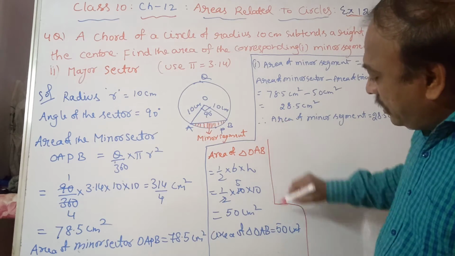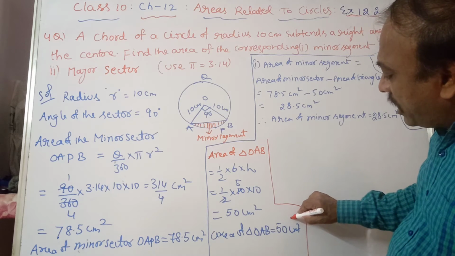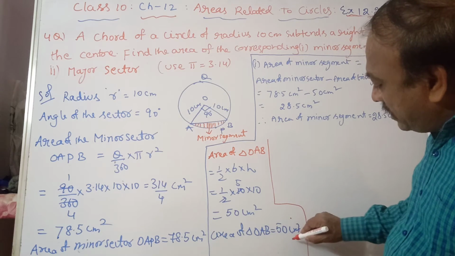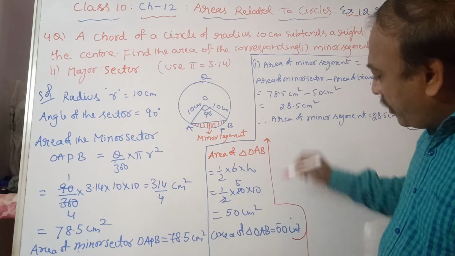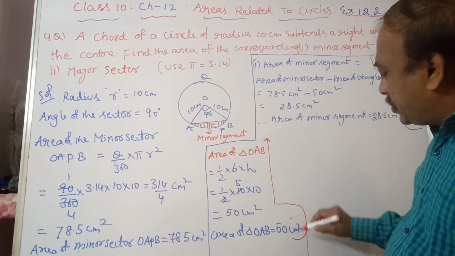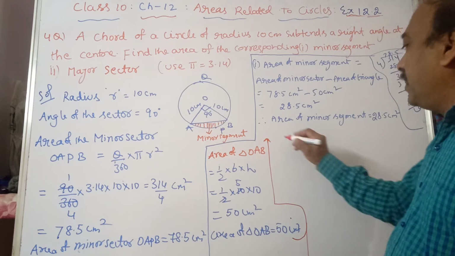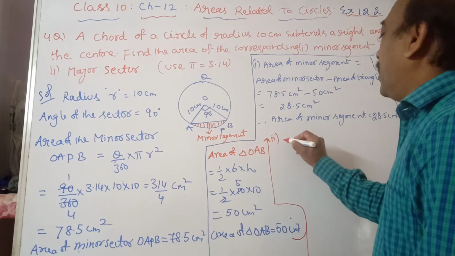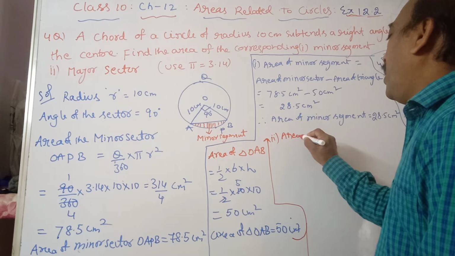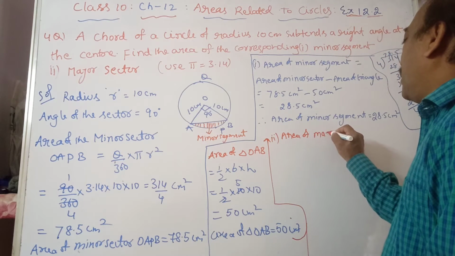After this, then arrow mark I am showing to here. After this, like this. Clear? From here to here you have to reach. Then after the second part, that is the area of the second one, major sector.